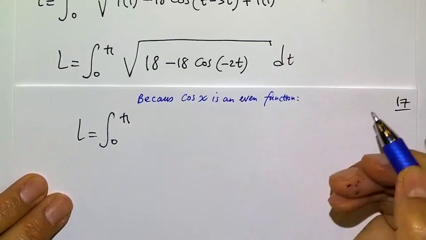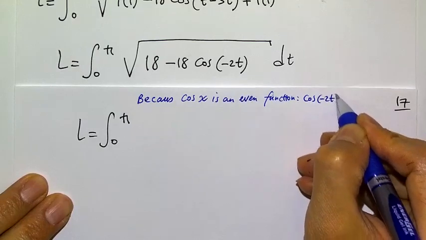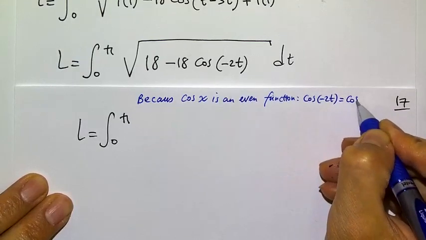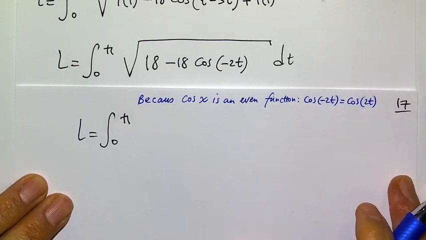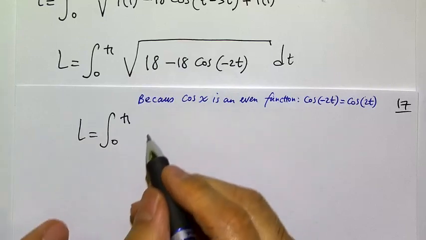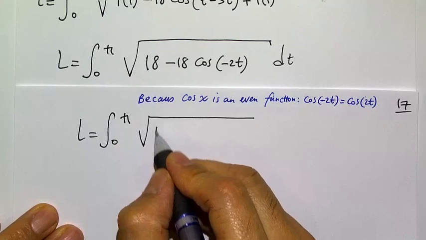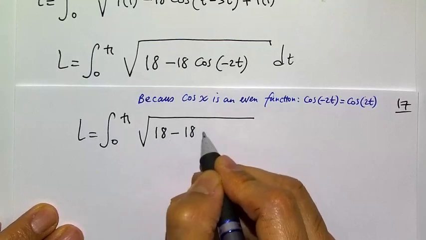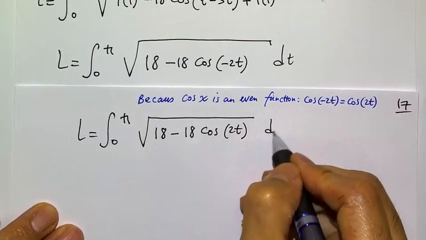Then cosine of minus 2t equals cosine of 2t. Okay, like that. So we're going to replace this with cosine of positive 2t. Okay, dt.